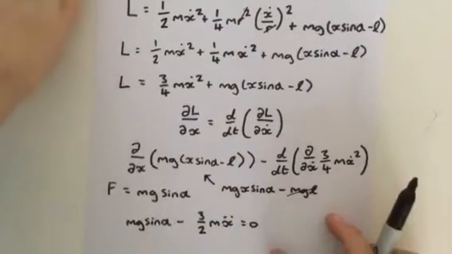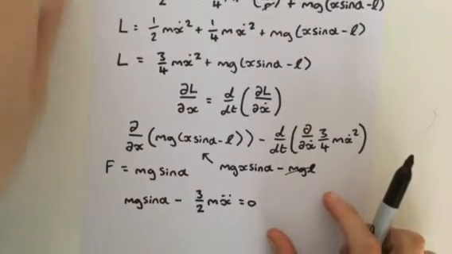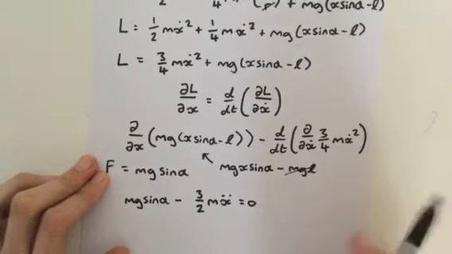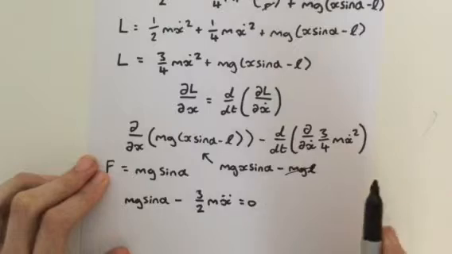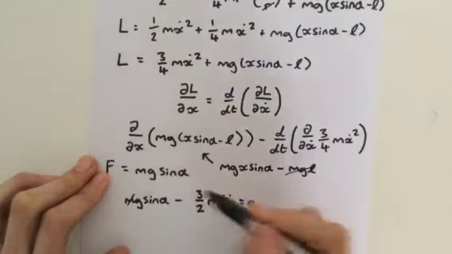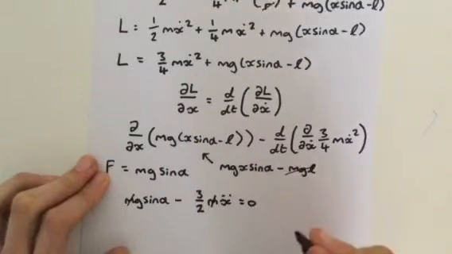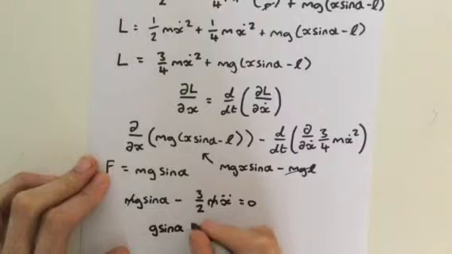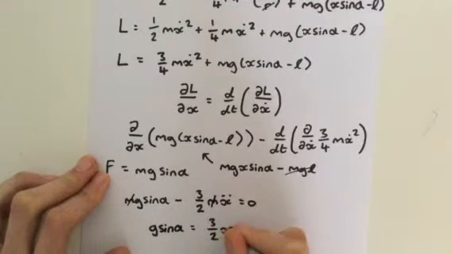Excellent. So let's tidy things up a bit. We can cancel out our m's, and we're left with g sine alpha equal to 3/2 x double dot.